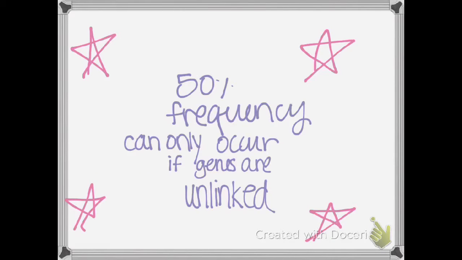Now, this can only happen if the genes are unlinked. So in order for 50% to end up parental types and 50% recombinants, the genes must be unlinked. The recombination of these unlinked genes occurs during metaphase 1 of meiosis and is random. This causes the independent assortment of the two unlinked genes.